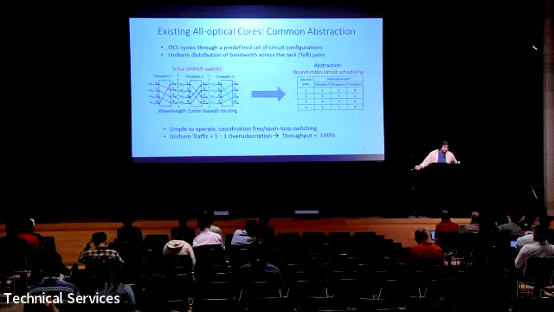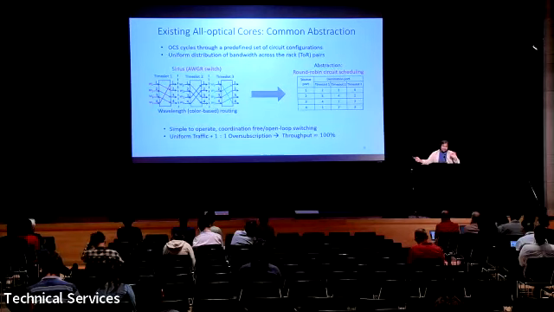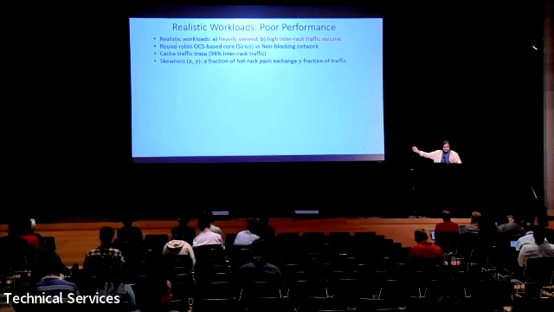And also, you see that there is a sense of uniform distribution of bandwidth across the top of rack switches. So if your traffic pattern is uniform or close to that, it's great, right? However, realistic data center network workloads have several characteristics, like high skewness and high inter-rack volume.